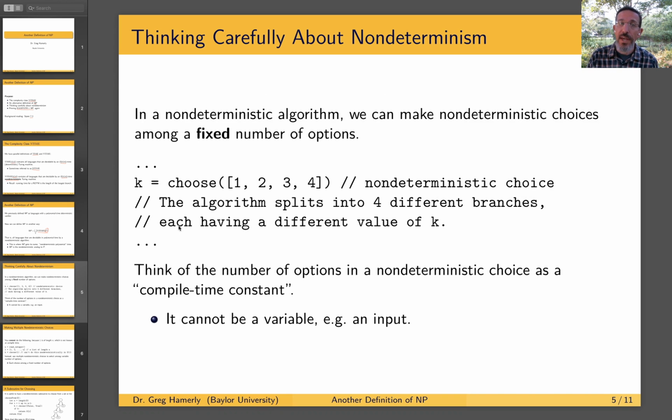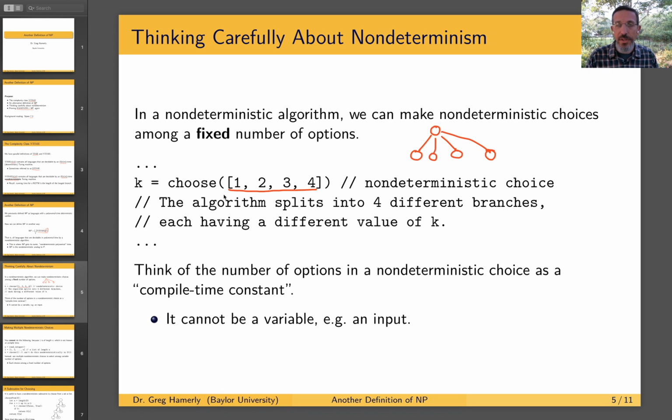In a non-deterministic algorithm, we make non-deterministic choices, and each non-deterministic choice causes the machine to branch into multiple different configurations. In this example, let's imagine that we're programming a non-deterministic algorithm, and we make a choice among 4 options: 1, 2, 3, 4.